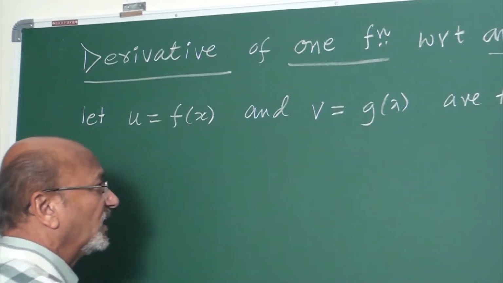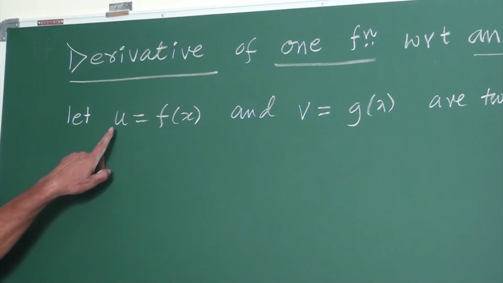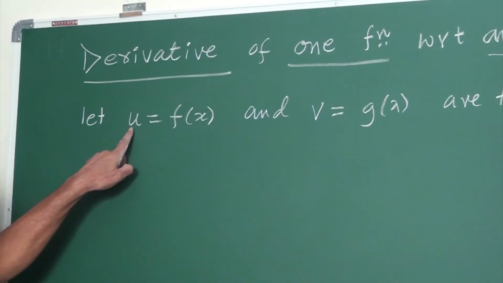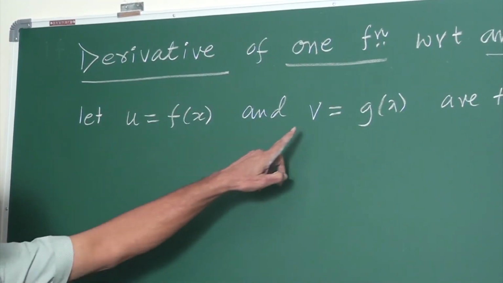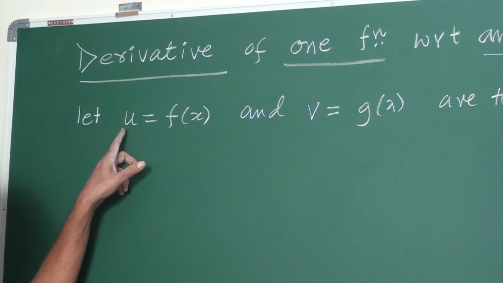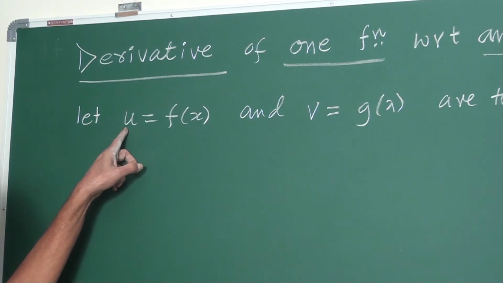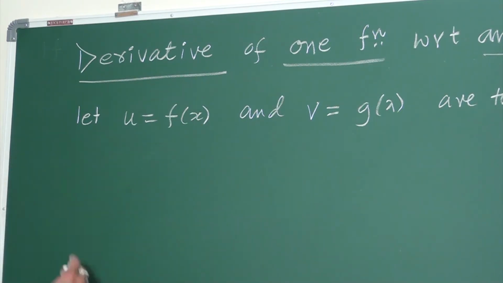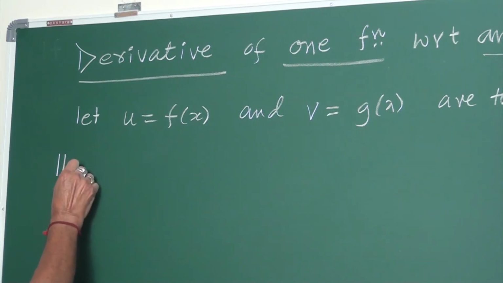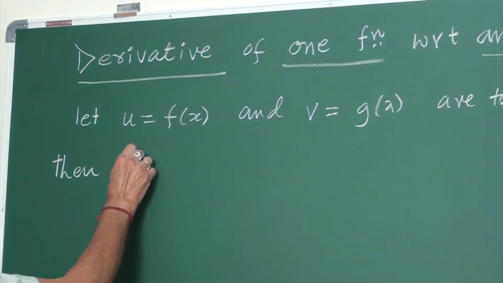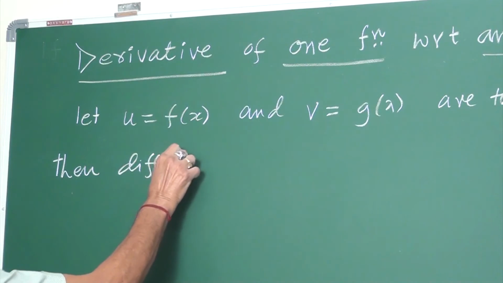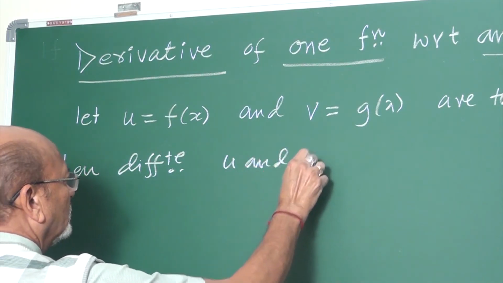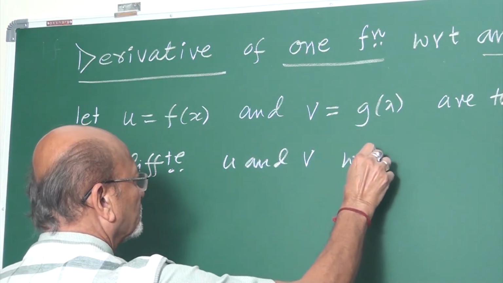Then to find the derivative of u with respect to v, first you have to differentiate both u and v with respect to x.